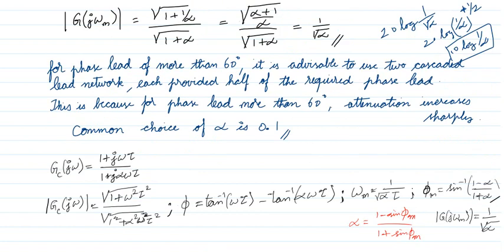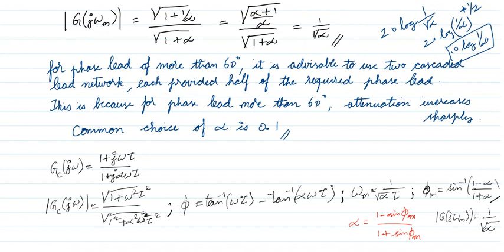So the magnitude at omega m is 1 by square root of alpha. If I am going to express it in dB scale, I will take 20 log 1 by square root of alpha. Square root becomes power 1 by 2, so 1 by alpha power 1 by 2.